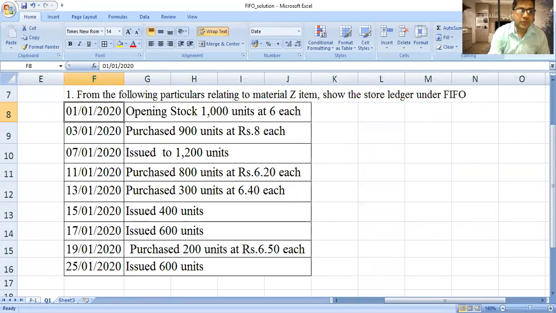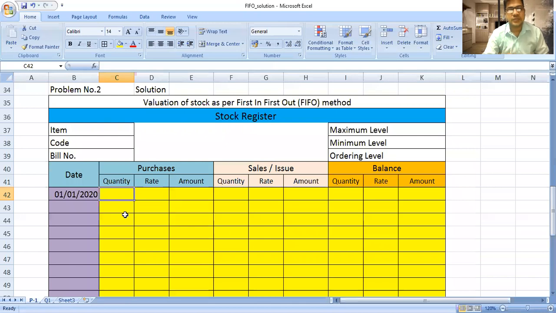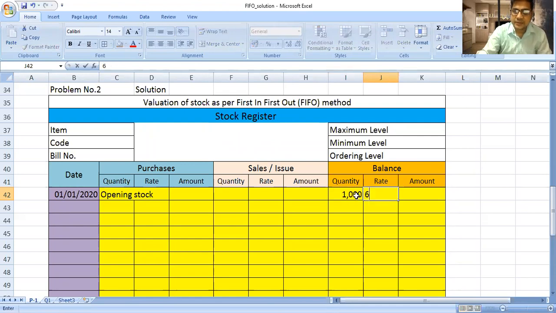It is an opening stock, so there is no purchase and issue; we write opening stock, and directly in balance 1000 units multiplied by 6 per unit. So 1000 into 6, how much? 6,000. 6000, it is in rupees.